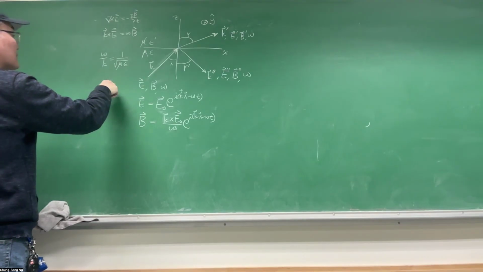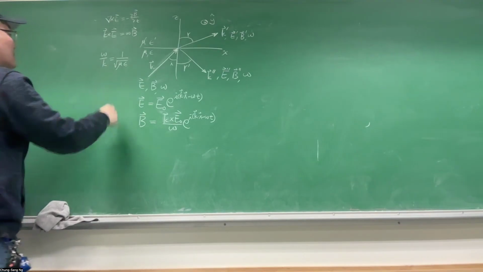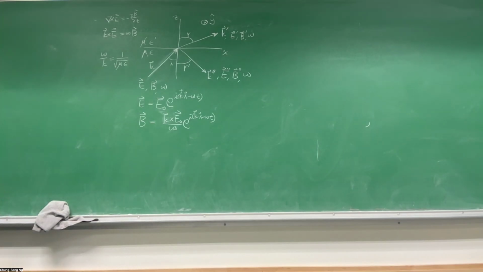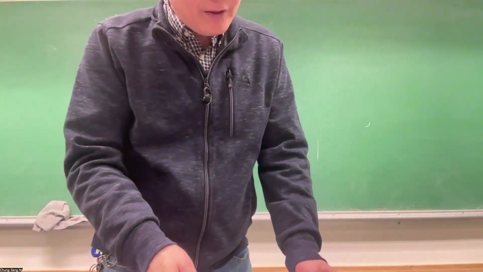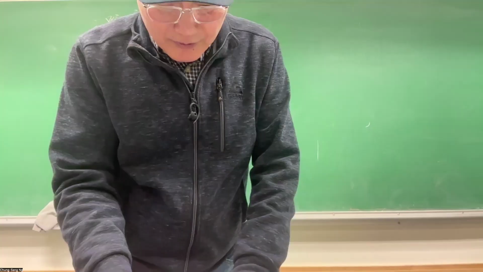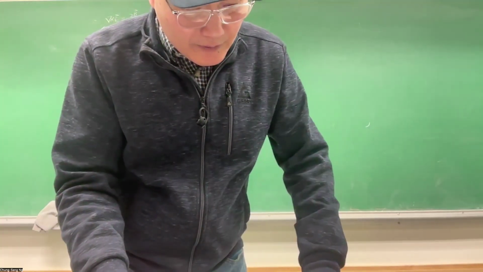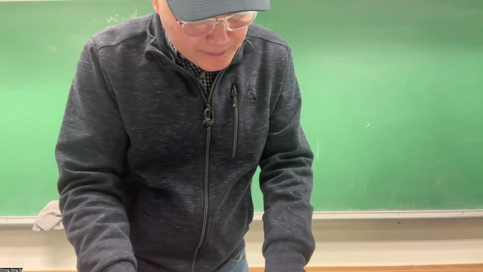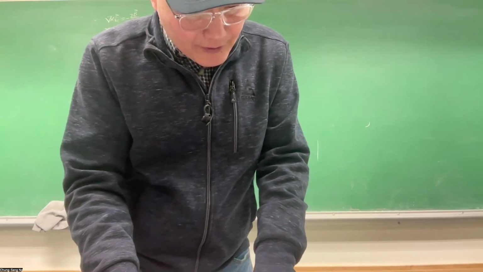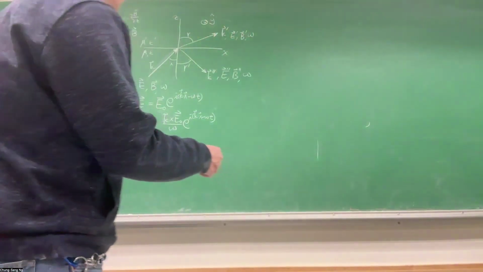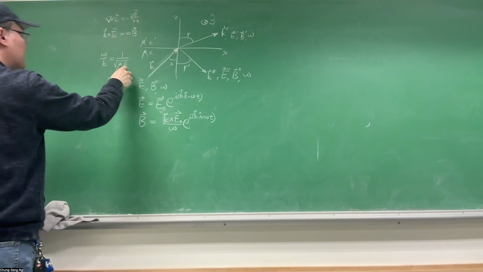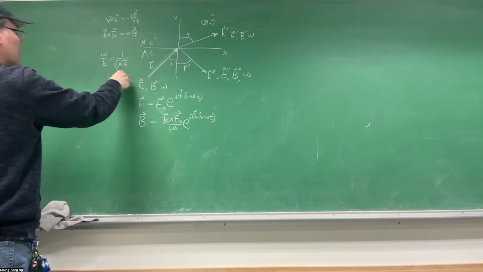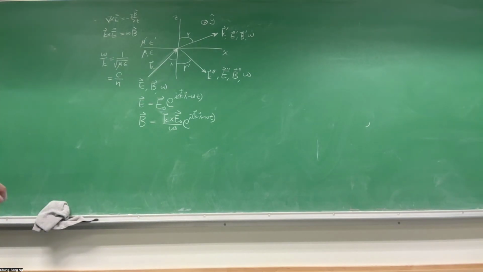And we can later on define, actually we already defined, the index of refraction in 7.5: C divided by N. C is just 1 over the square root of epsilon 0 mu 0.